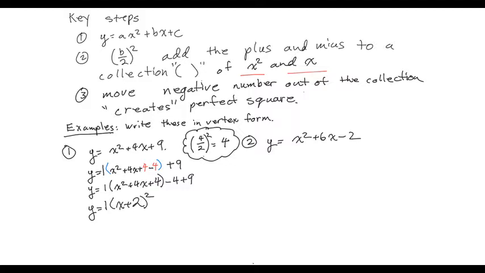If you do it right, your bracket is always going to have the square root of the first term and the square root of the last term, and then it's all squared. Then all we have to do is add the outside terms to get plus 5. So that's it. We're done. Try the next problem, exactly the same. I won't say a word, just watch my solution after you've tried it.